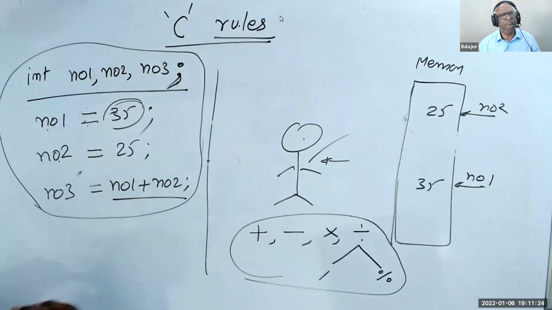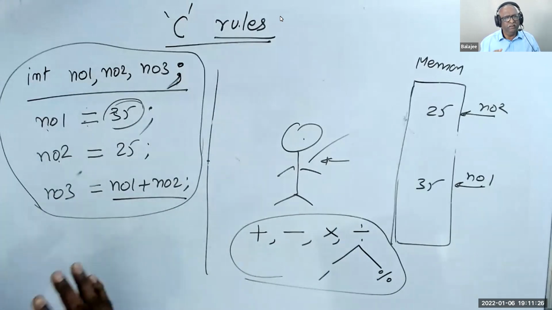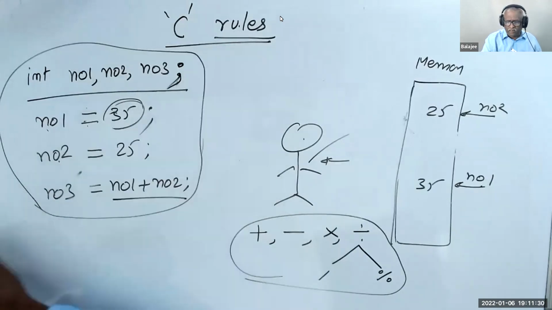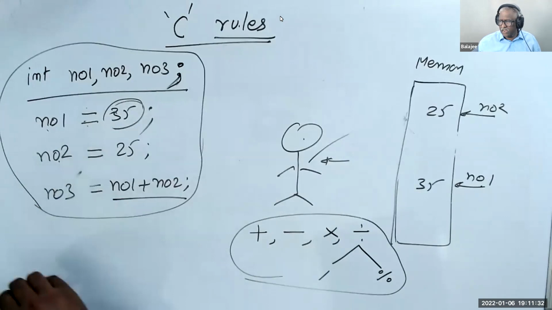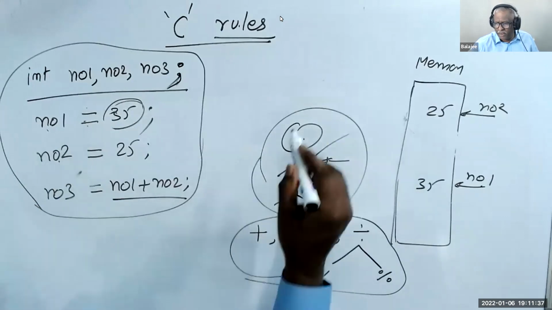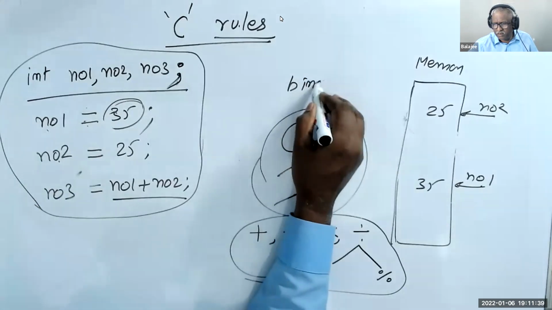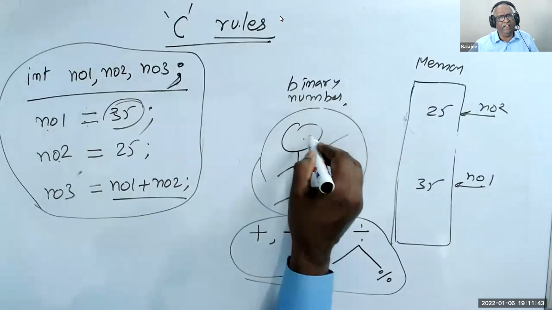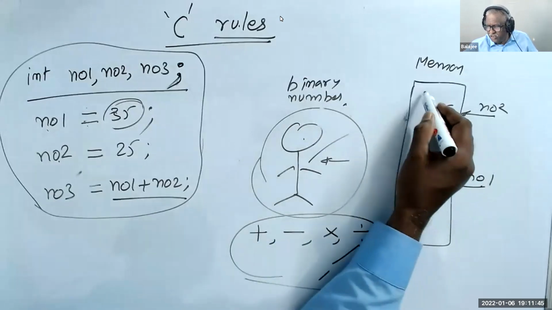It's enough. But the problem is this: you write in English, but our computer understands only binary numbers, or only machine language.